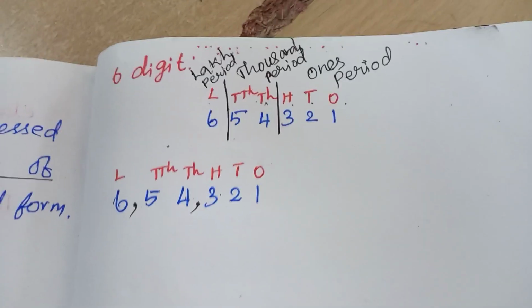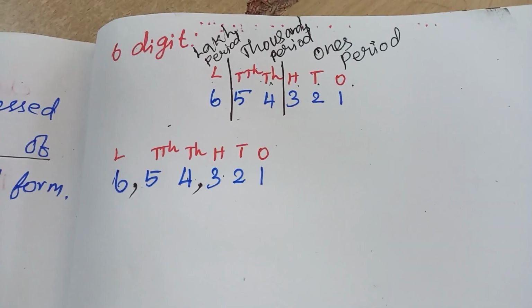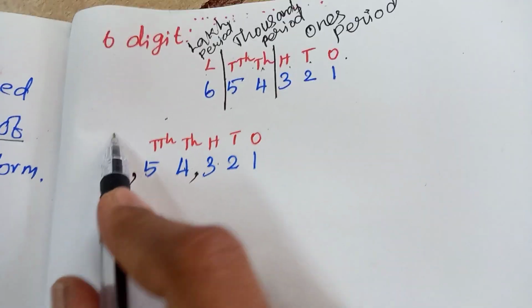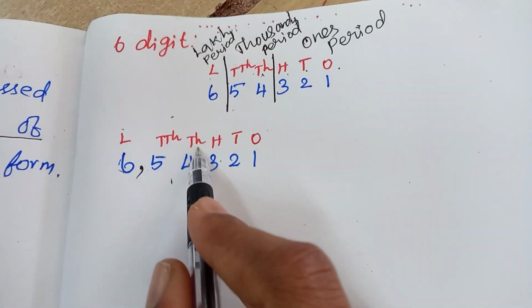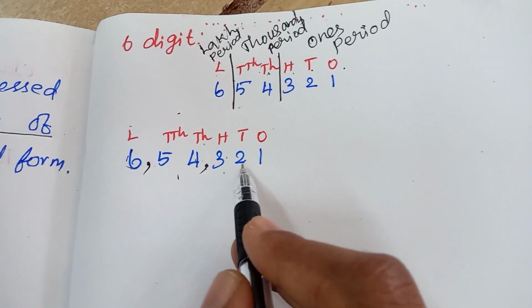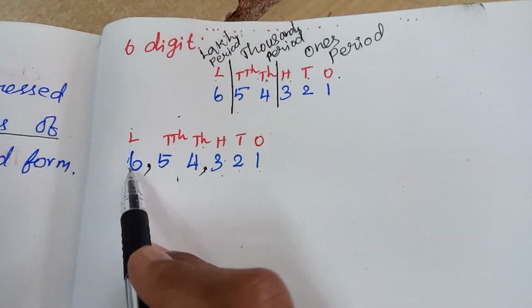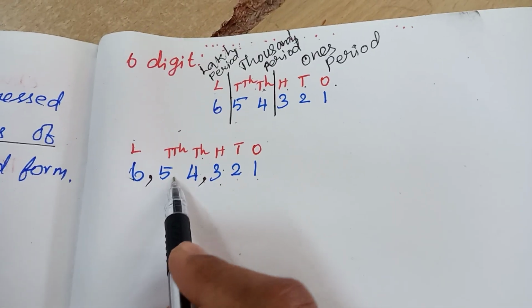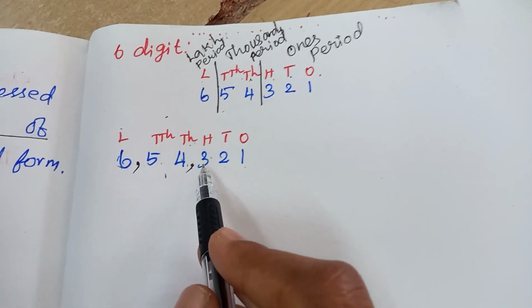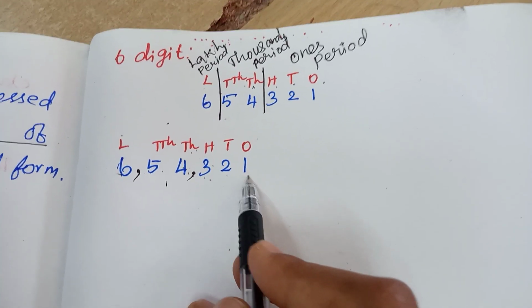Okay, now we see how to read the 6-digit number. 6,54,321. How do we read that 6-digit number? 6,54,321.